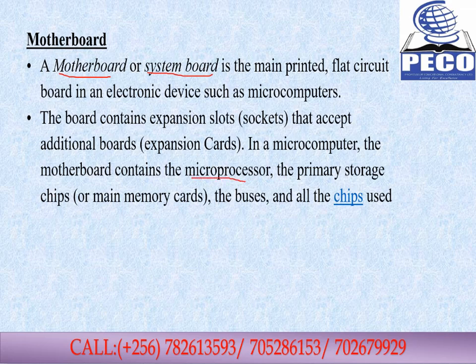These are the basic components. There are also primary storage chips, or you can say memory cards. Also there are buses, which we shall look at, and all the chips used for controlling peripherals.